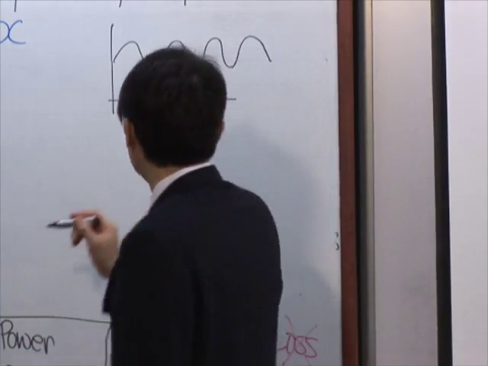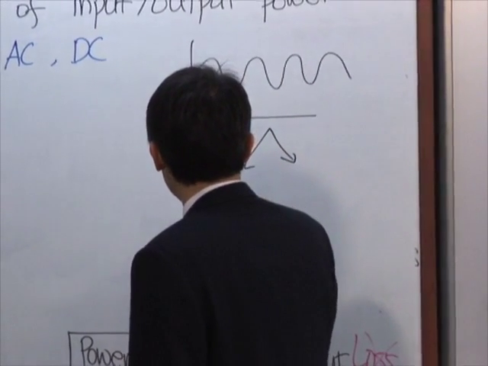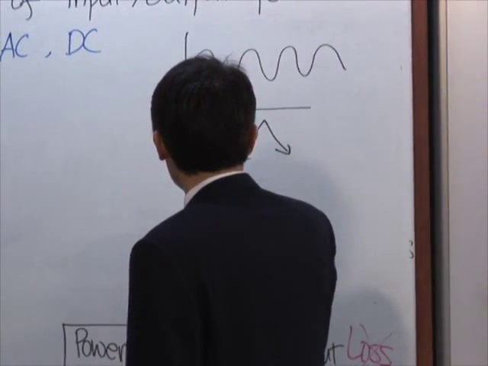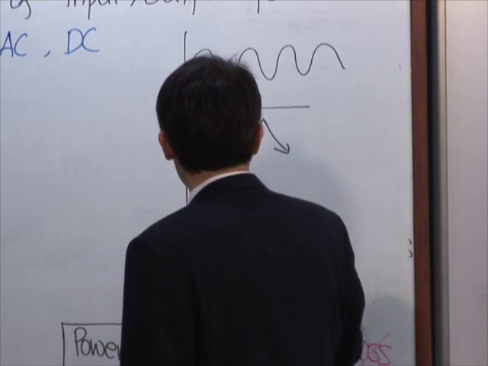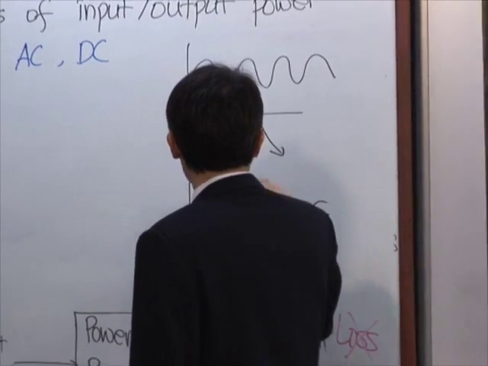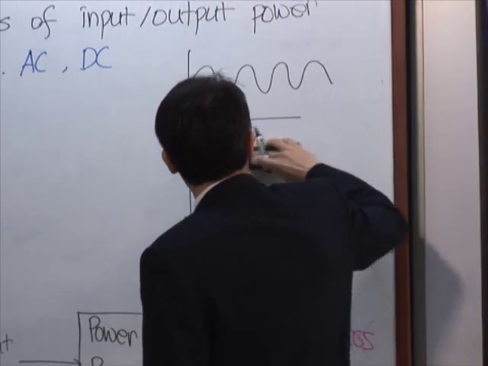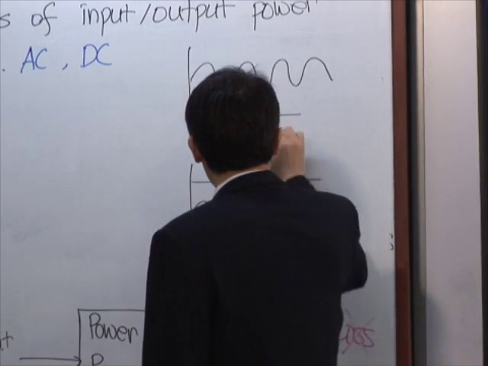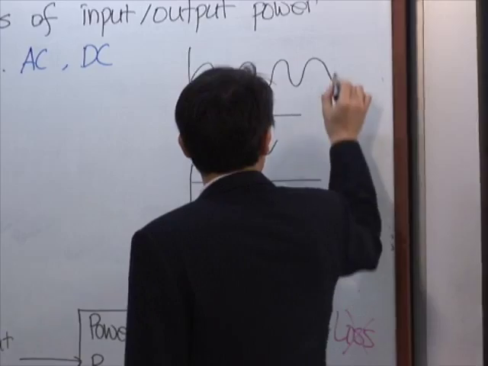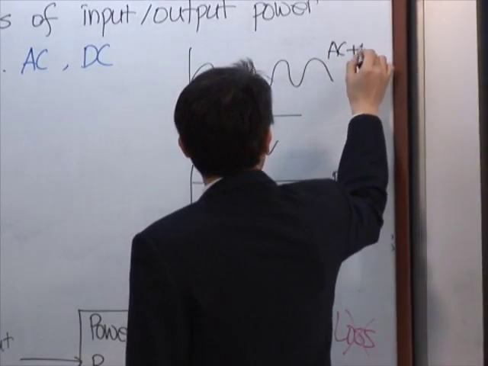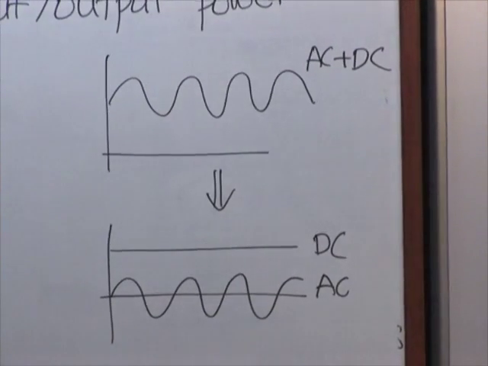Because this can be broken down into this and this. So this is DC and this is AC. So this is AC plus DC. I think this is a common mistake that people make.